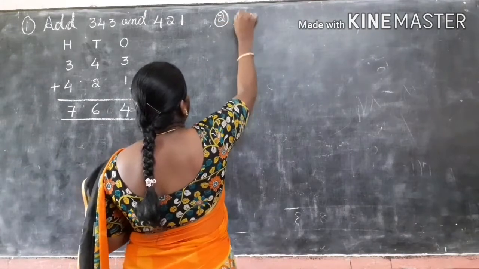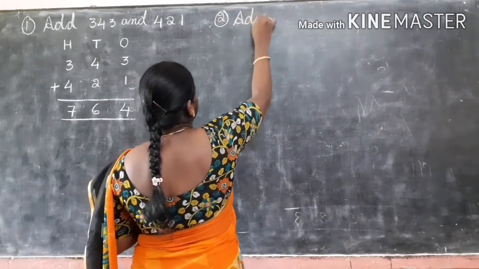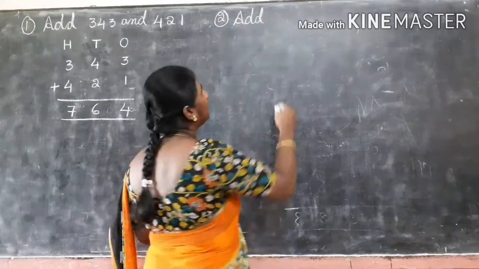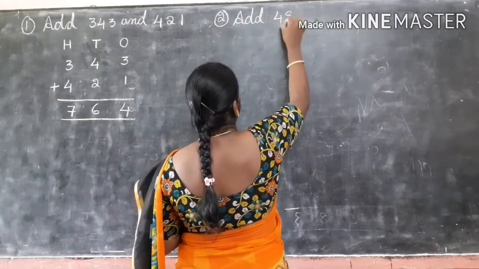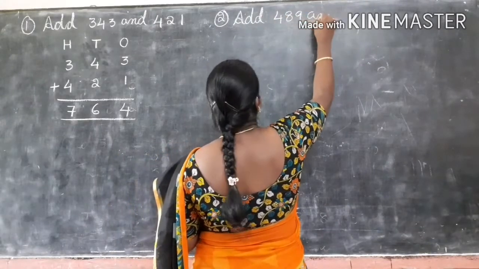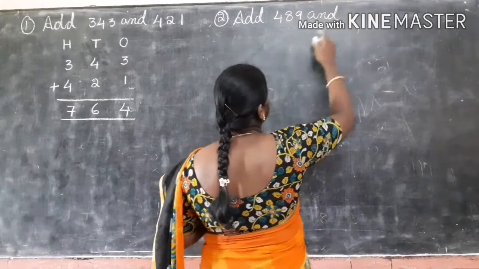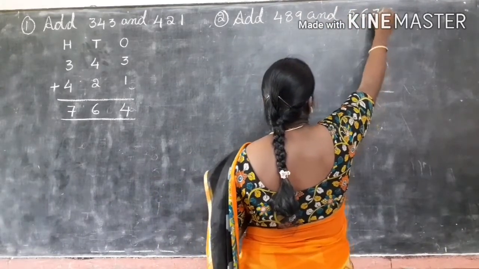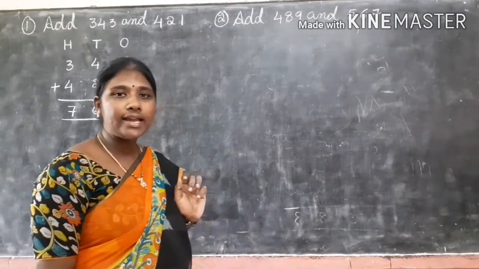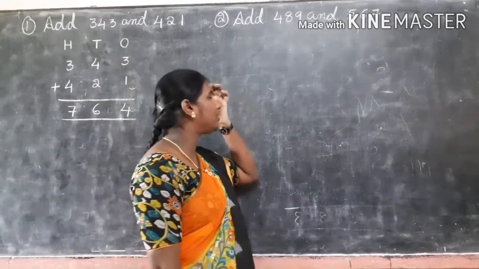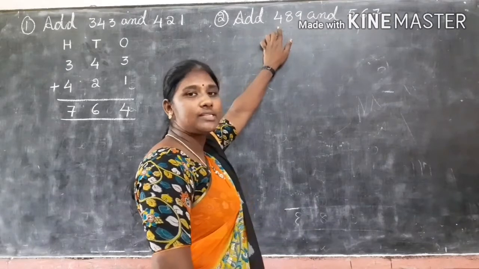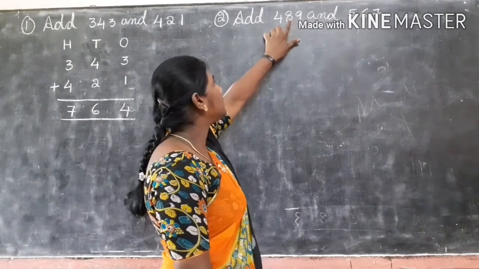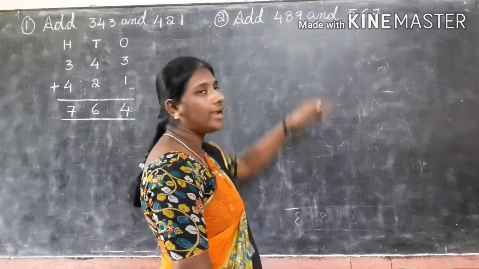Second one. Add 489 and 567. If you observe here, the first number starts from the hundreds place.